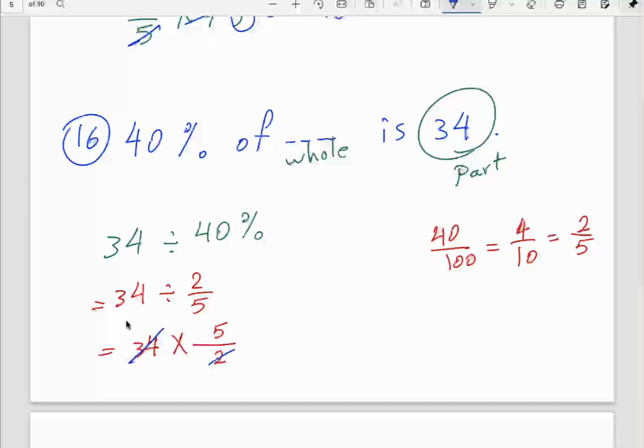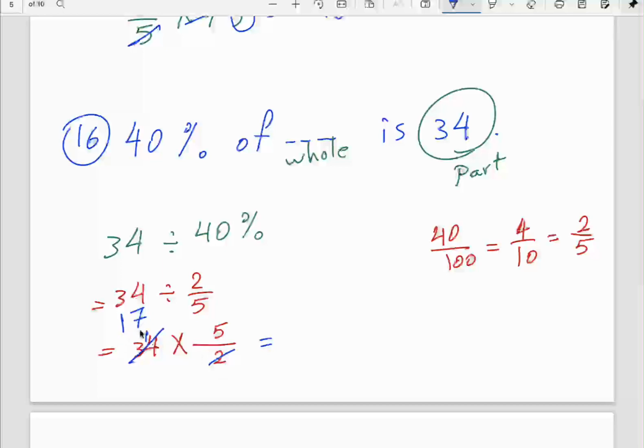34 divided by 2 equals 17. Abdurrahman, we divide 34 by 2 and we get 17.